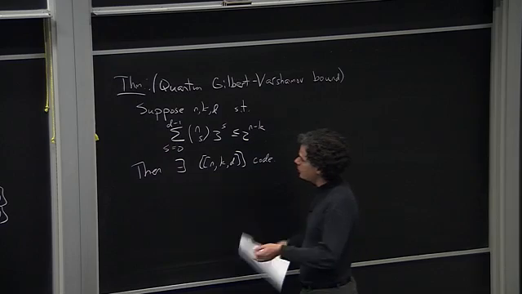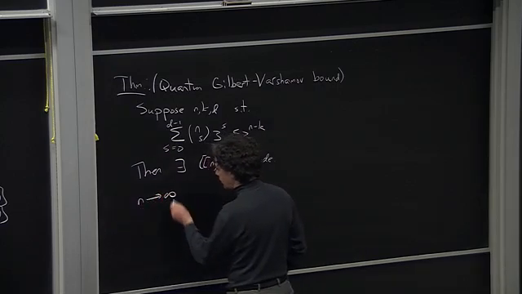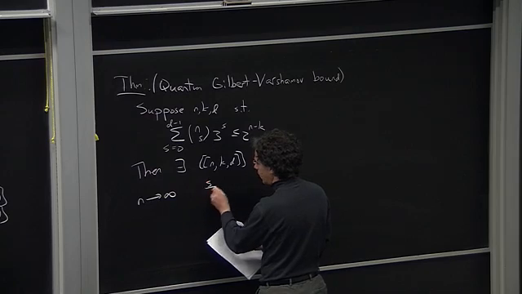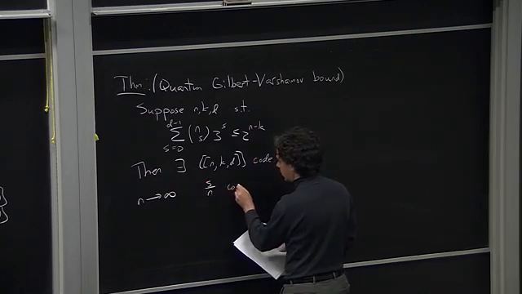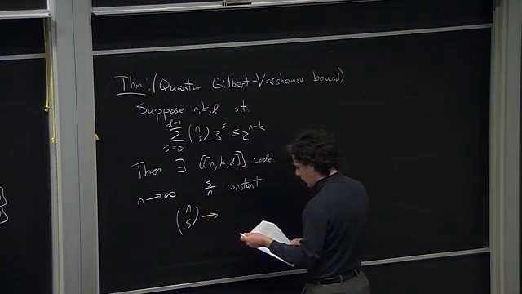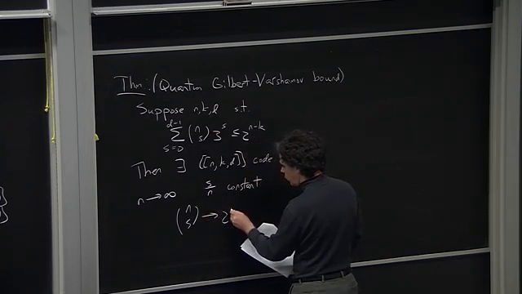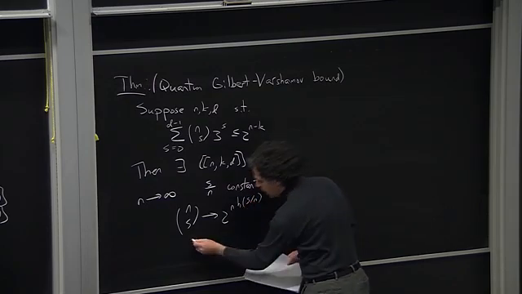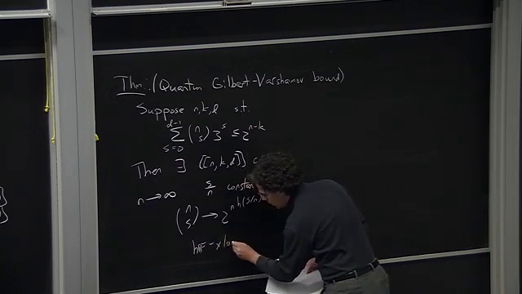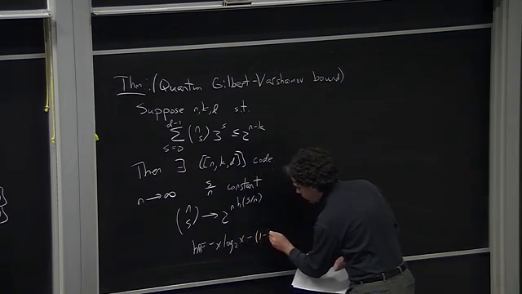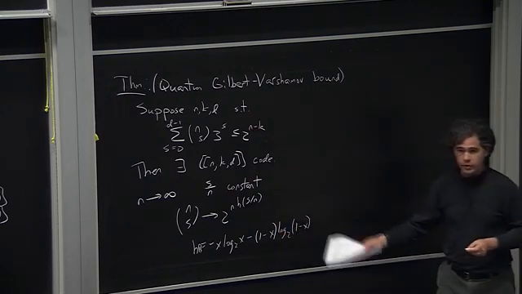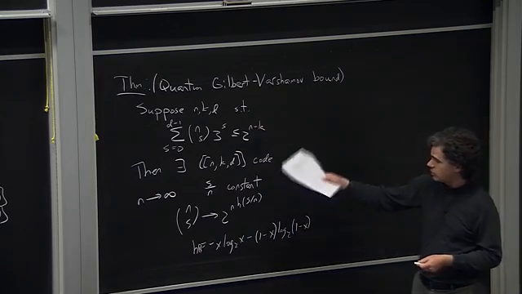Let's focus on the case where n goes to infinity. If s over n is constant, then the binomial coefficient n choose s approaches 2 to the n h of s over n, where h is the binary entropy function. h of x is minus x log x minus 1 minus x log 1 minus x. You can derive this using Stirling's approximation on the factorials.